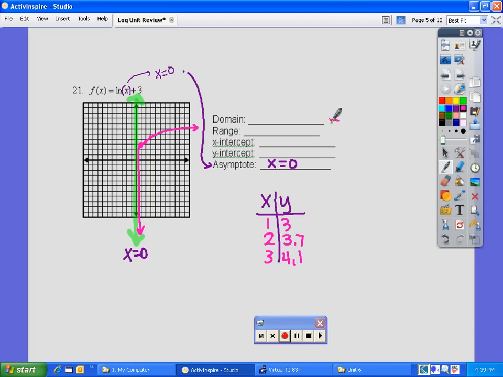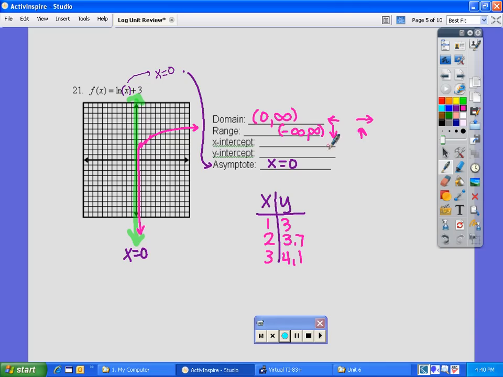So now look left to right. You see that your domain is going to go from 0 to infinity. And then looking down and up, your range is all real numbers.